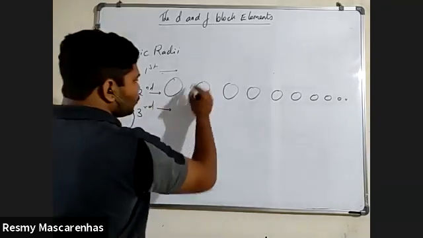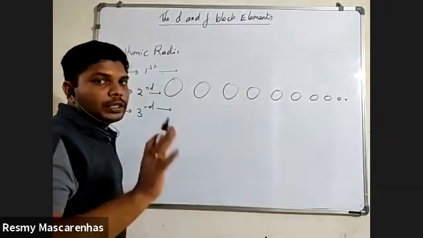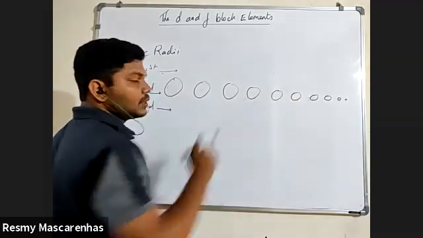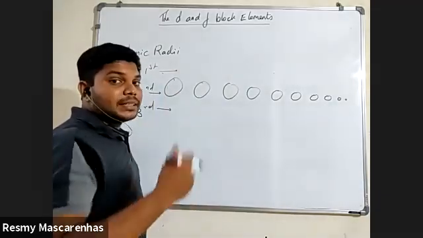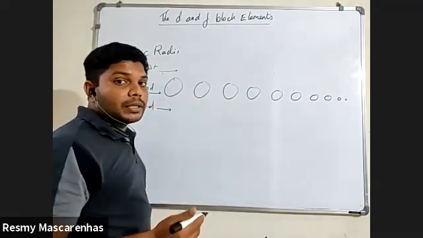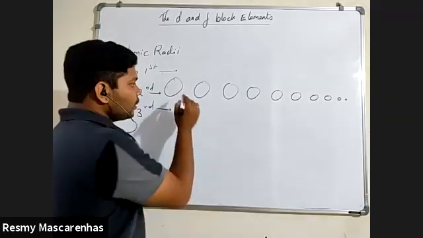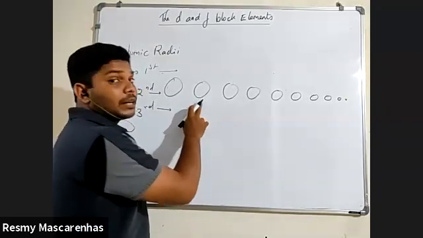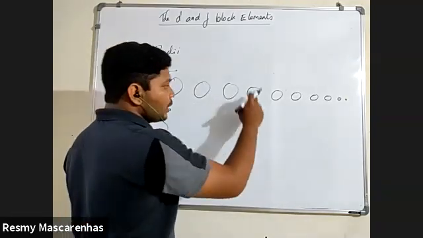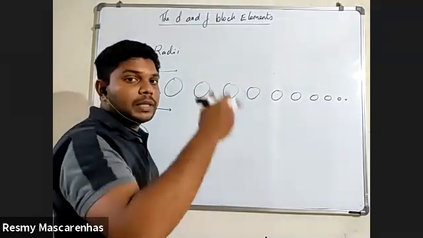That means four shells are there here. Shells are not going to change, but as you go from here to here, atomic number increases, and as the atomic number increases, electrons also increase.